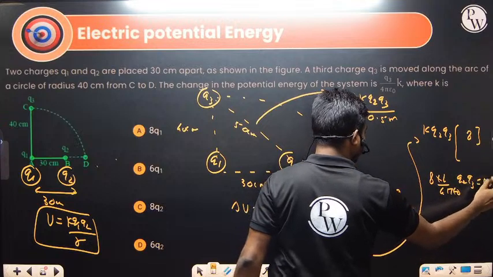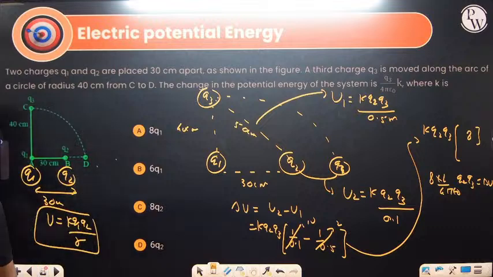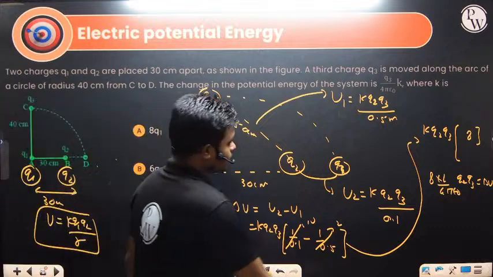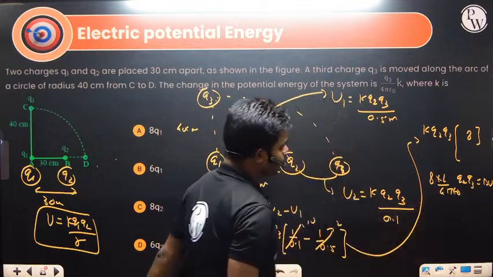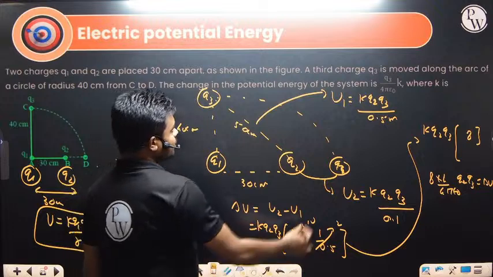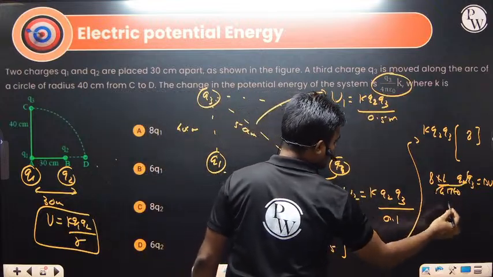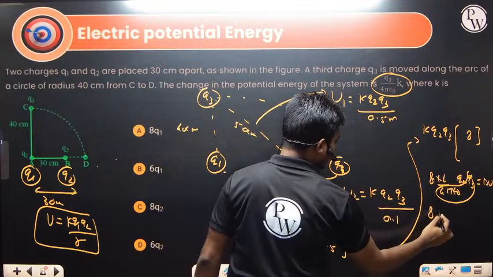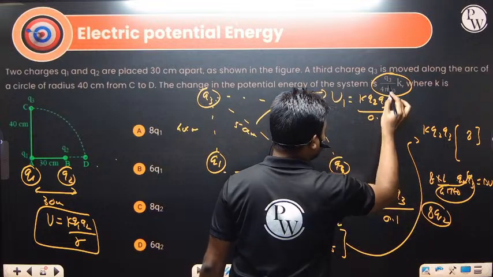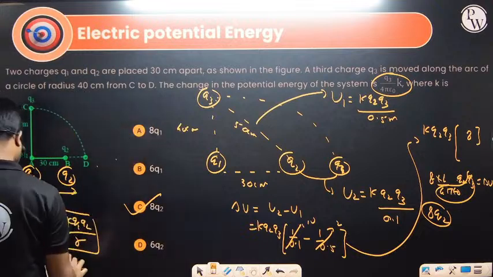This is delta U, right? So let's check what the answer is over here. Delta U equals 8 by 4 pi epsilon naught Q2 into Q3. So what is left? 8 Q2 will be the answer, with the factor Q3 by 4 pi epsilon naught.